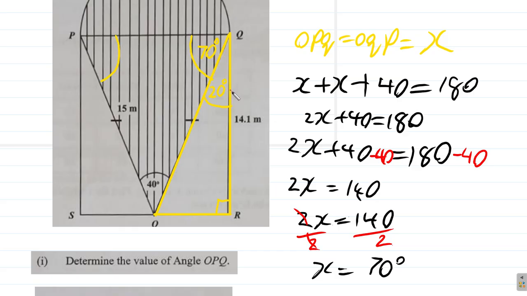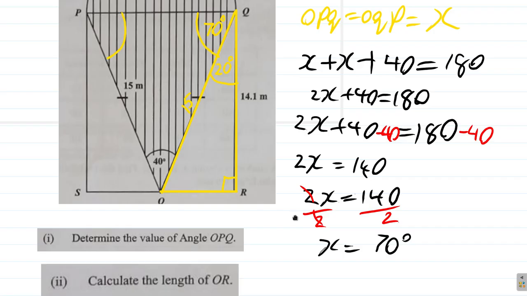Oh, this is 15. I forgot this is 15. I was thinking of using the trig ratios to do it, but we have a 15 here. We have more than one way to do it. I was thinking of saying tan 20 is OR over adjacent and then using that. But we could use Pythagoras, 15 and 14.1. Alright.